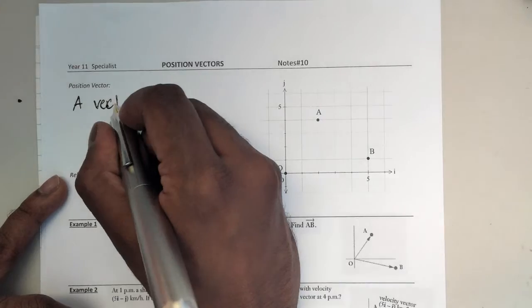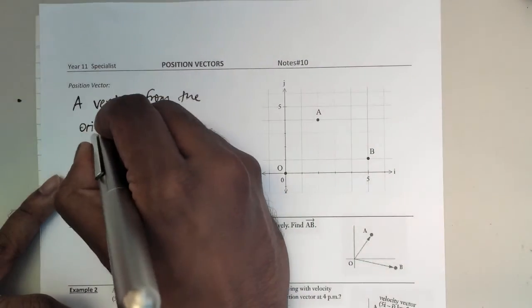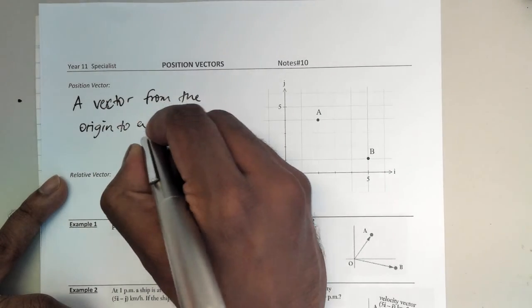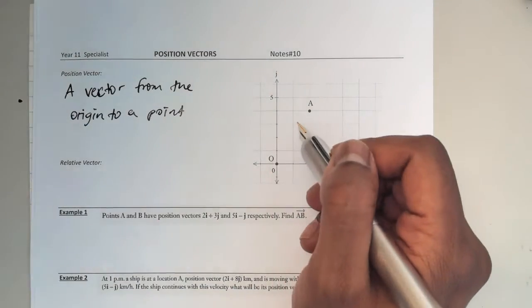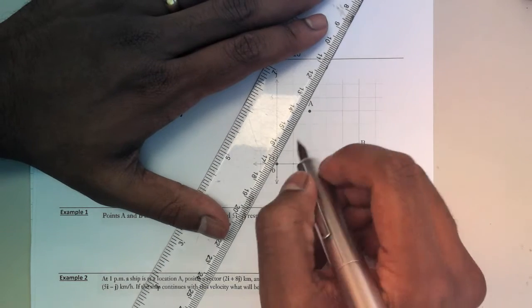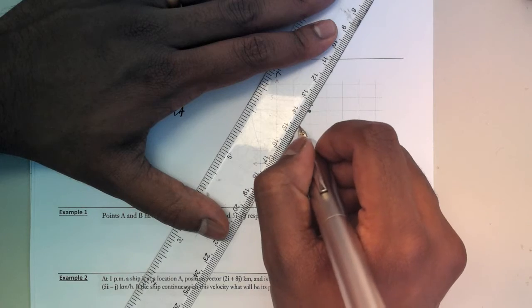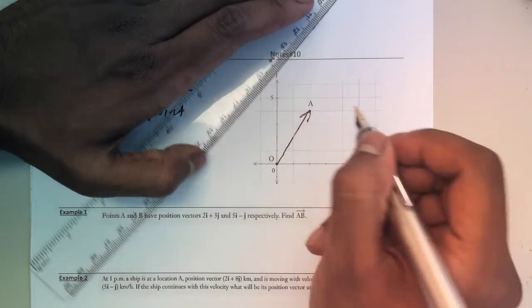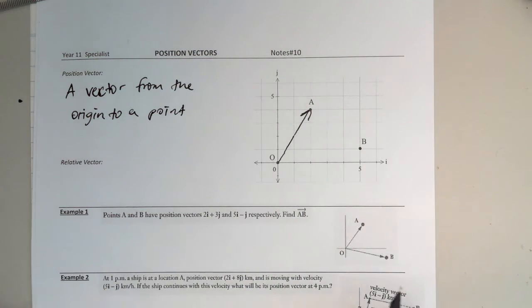So if you look at this diagram over here, OA is a position vector, and OB is also a position vector.